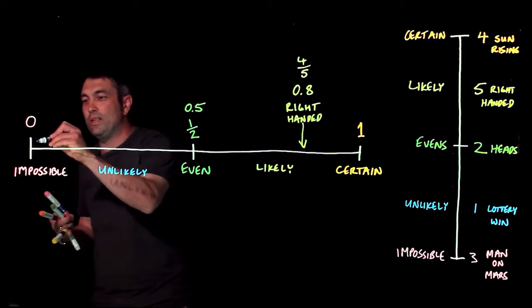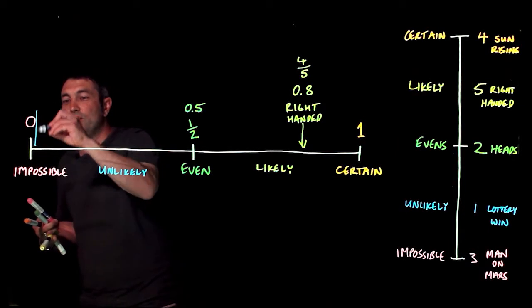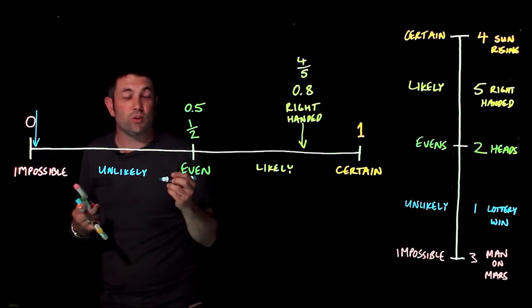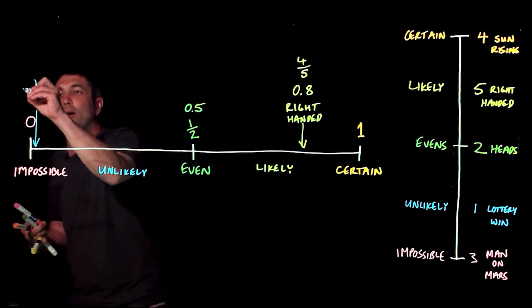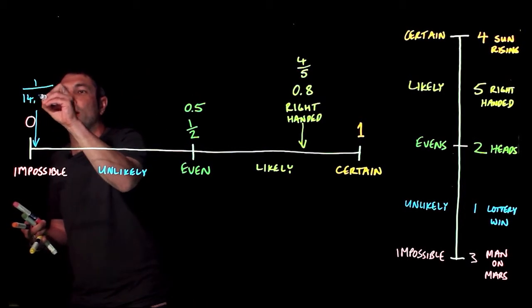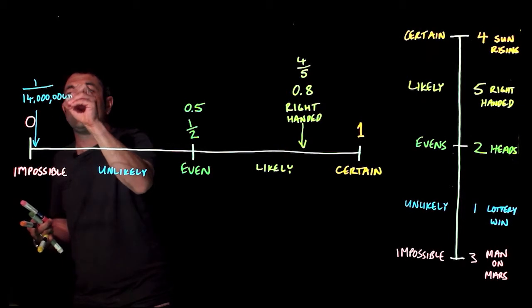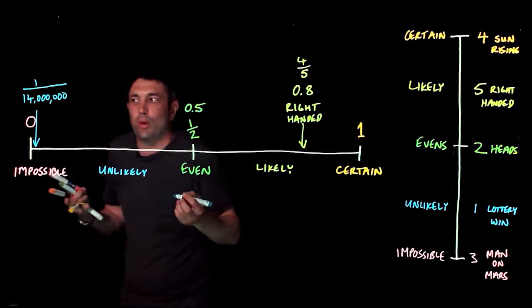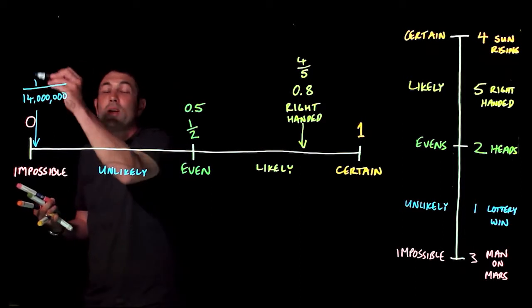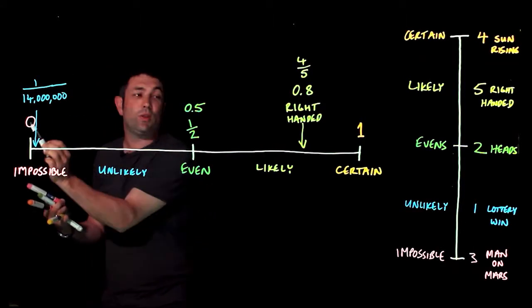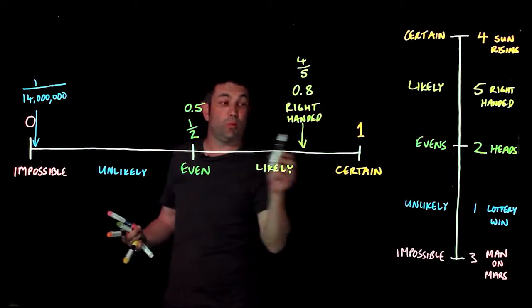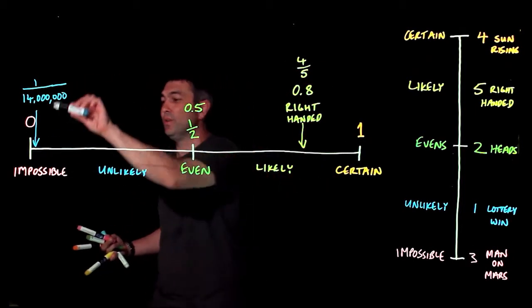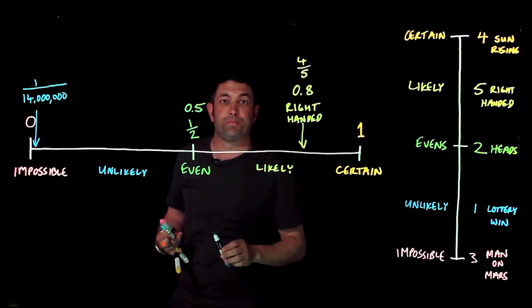So even though it's not 0, because I do have a chance of winning the lottery, the probability is tiny. It's about 1 in 14 million here. So 1 in 14, 1, 2, 3, 4, 5, 6. Not sure what that is exactly as a decimal, but I could write that as a decimal as well. So there's your probability line. It changes from being a chance line to a probability line because it's now got numbers attached to each bit of it.